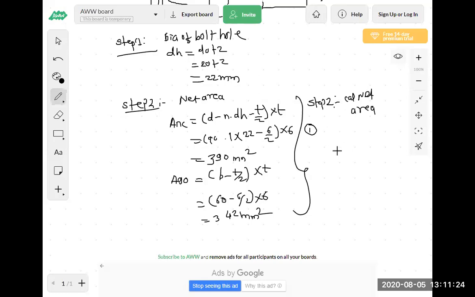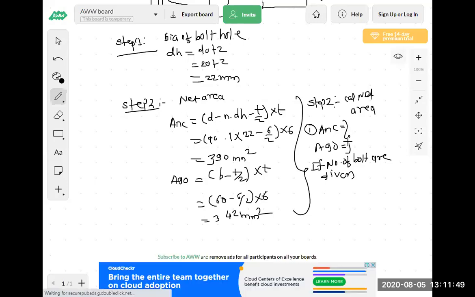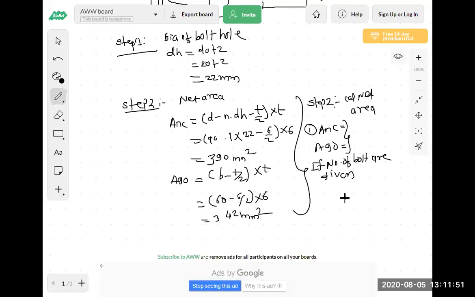When do we calculate these two areas? If number of bolts are given in the problem statement, this is a very important sentence, then and only then we can calculate ANC and AGO. In this problem, 4 bolts are given. So we have to use the ANC and AGO formula.